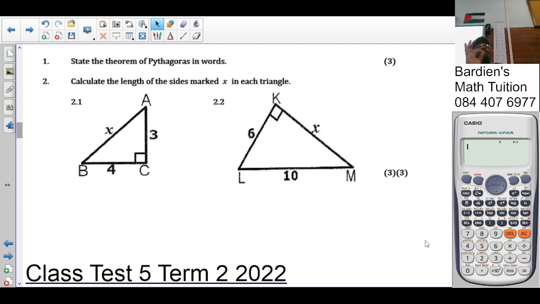In any right angle triangle, the hypotenuse, where do you find the hypotenuse? Opposite the 90 degrees, no?